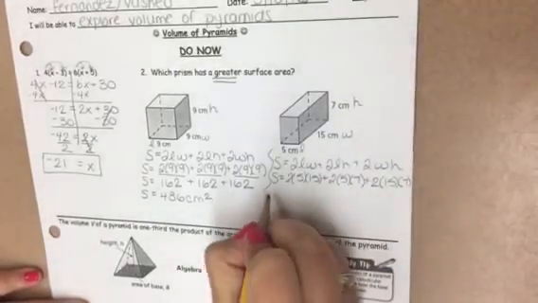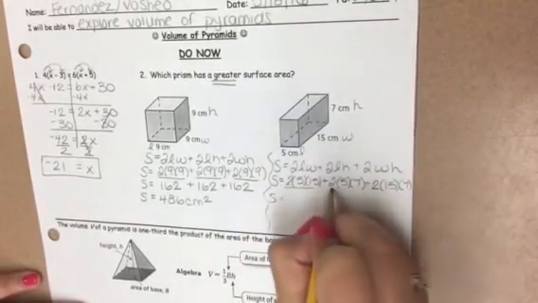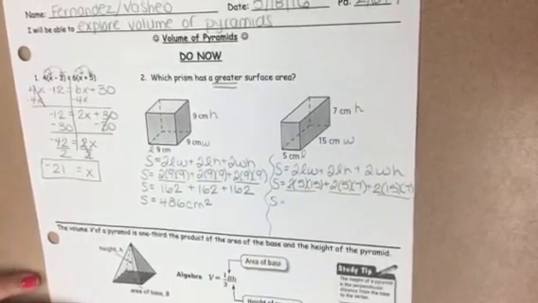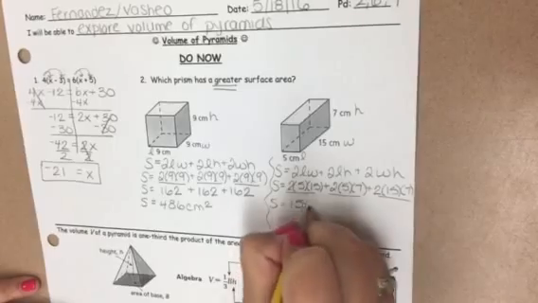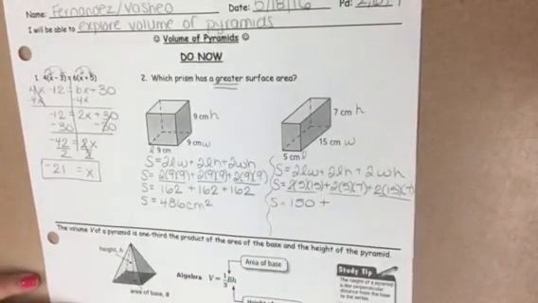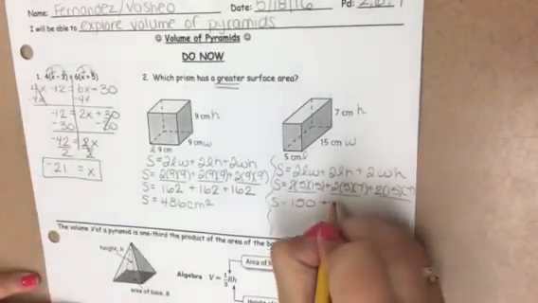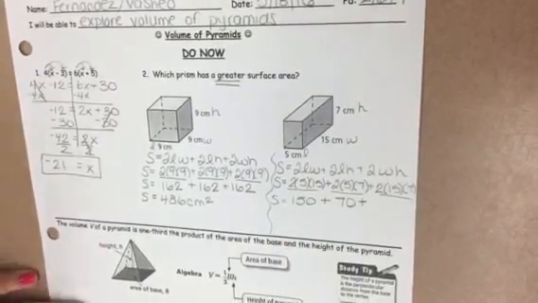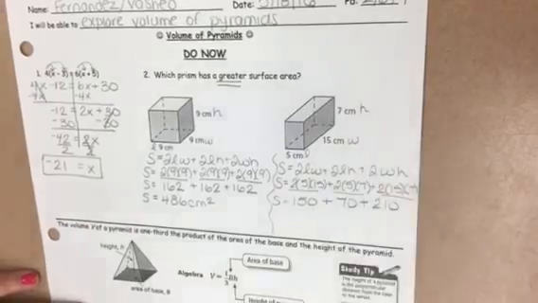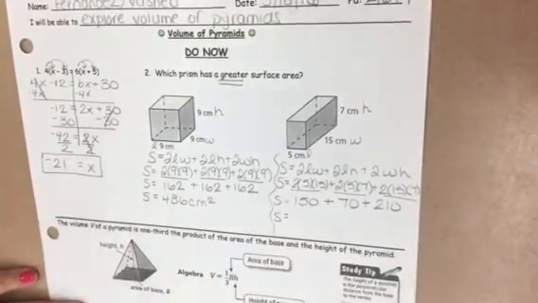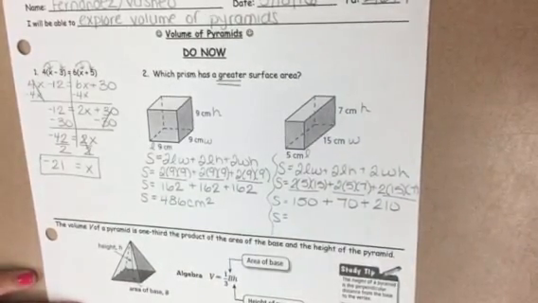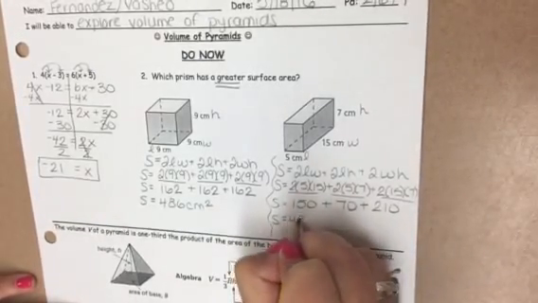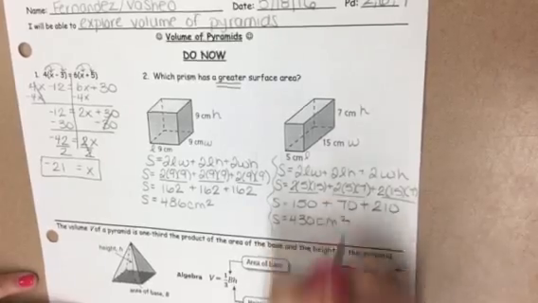Using order of operations, we multiply first all of our multiplication. 2 times 5 times 15 is 150 plus 2 times 5 times 7 is 70 plus 2 times 15 times 7 is 210. Lastly, we need to add 150 plus 70 plus 210 is 430 centimeters squared.